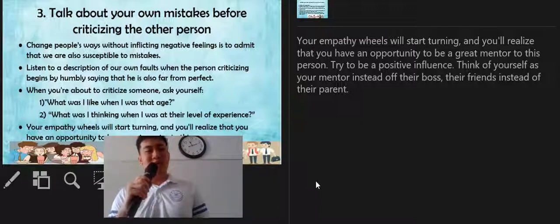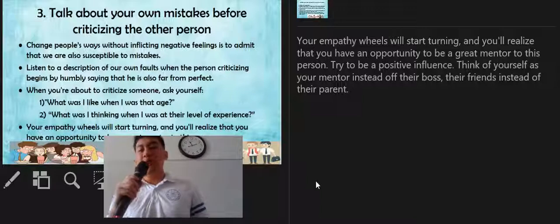Second, what was I thinking when I was at their level of experience? Your empathy wheels will start running, and you realize that you have an opportunity to be a great mentor to this person and try to be a positive influence.